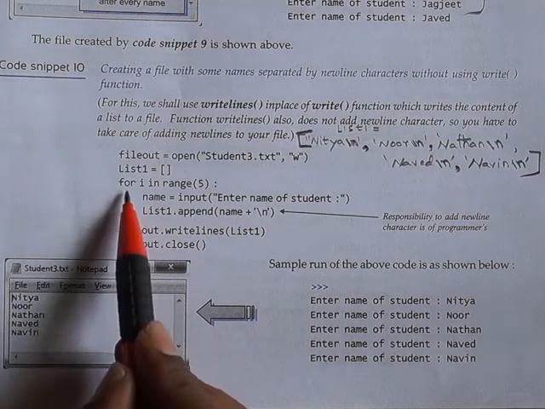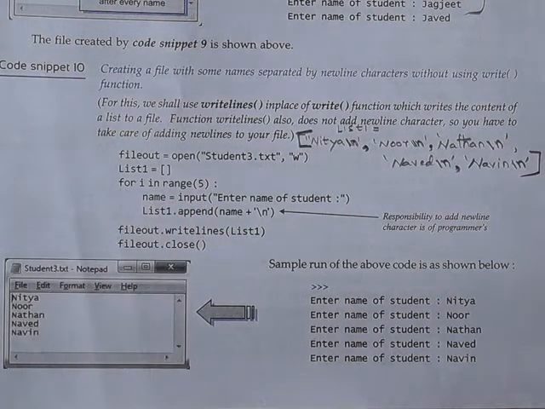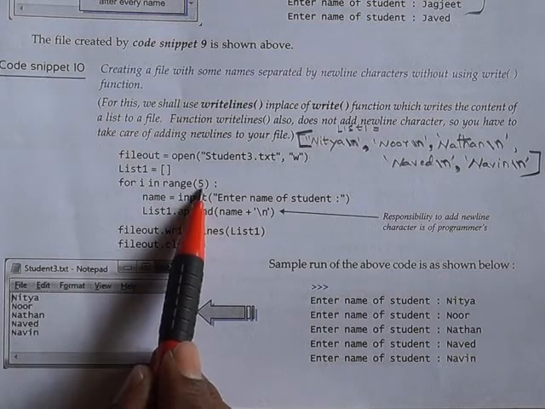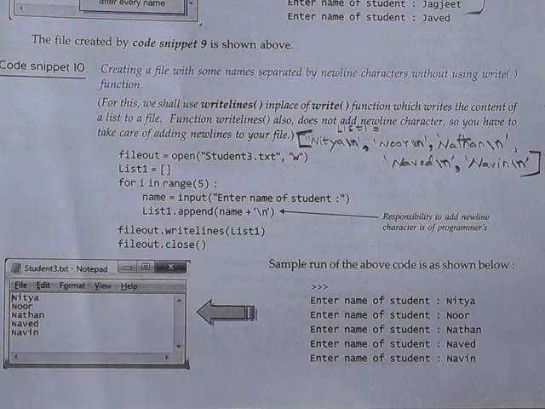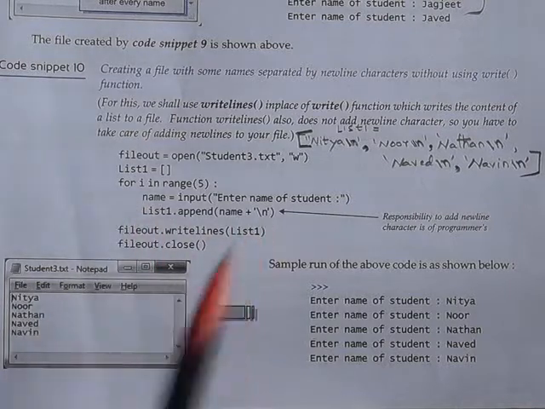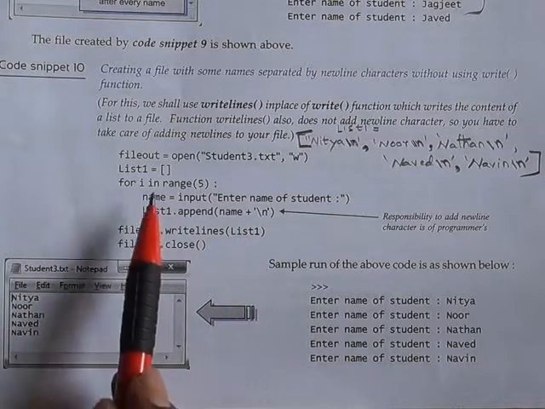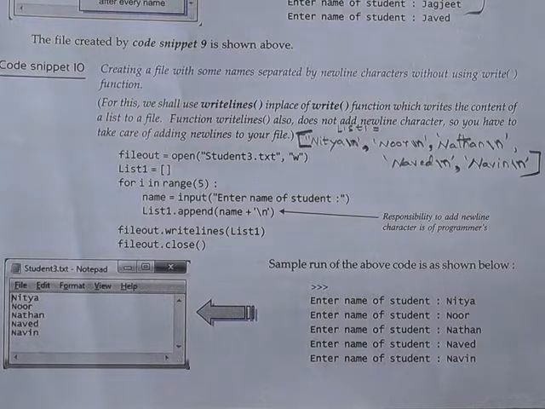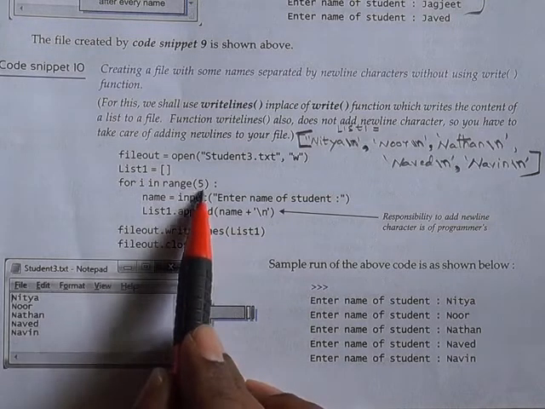Then what is this? It is a for loop. This for loop will be executed for how many times? Yes, 5 times. Then what is the action block of the for loop? From here to here. So this action block will be executed 5 times.